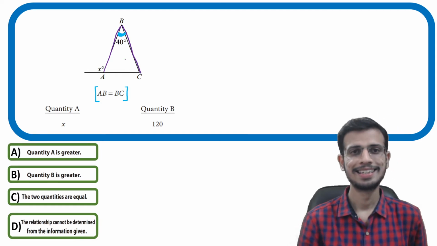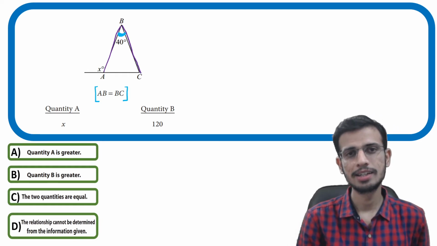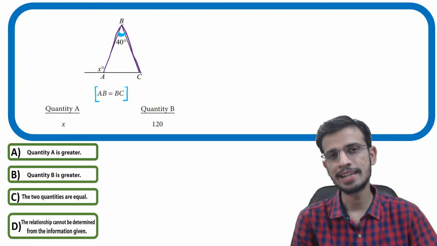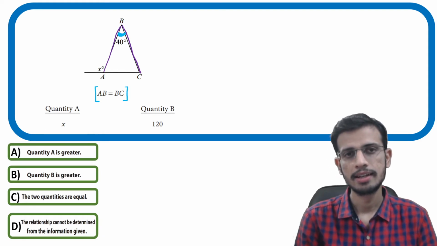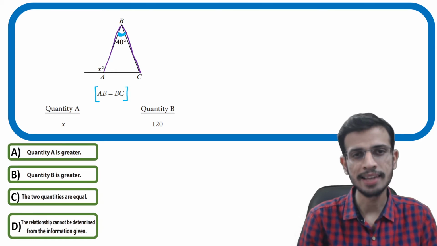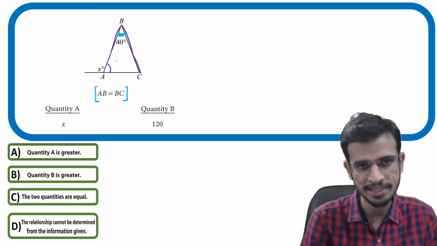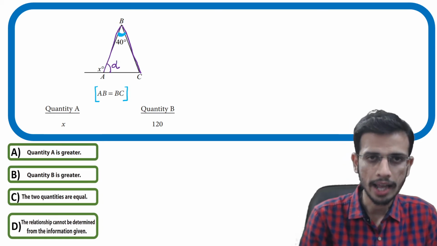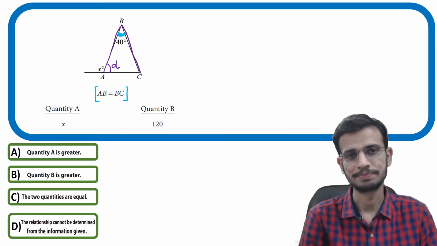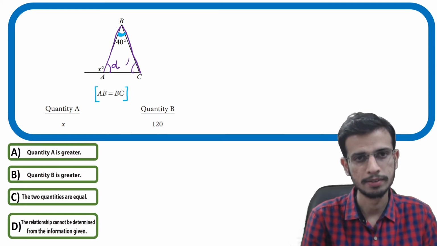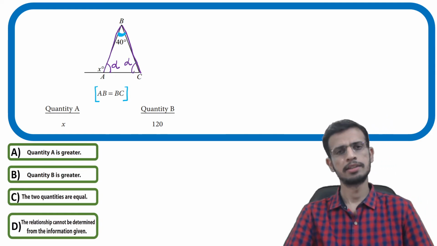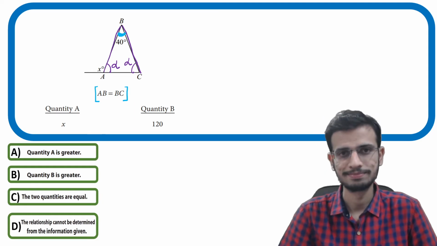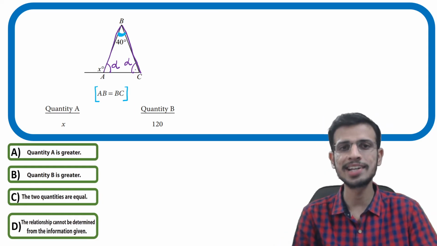The angle opposite to side BC is alpha, this angle A. Then the angle opposite to side AB will also become alpha. These both angles will be the same, but we don't know the exact value.